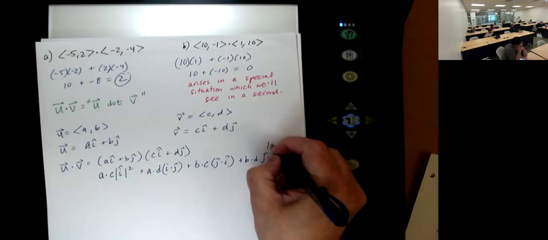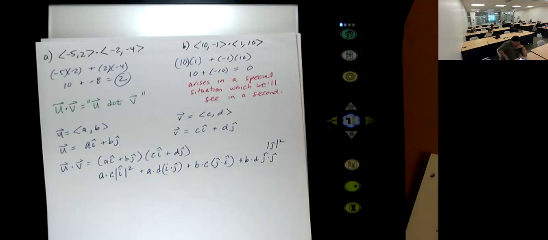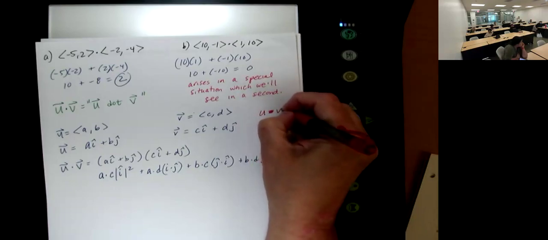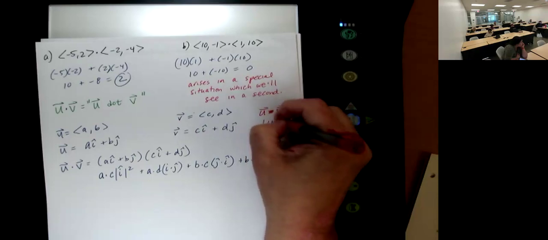Yeah, that's how we say magnitude of j squared. So when we have a vector times itself, it is written as magnitude of u squared.